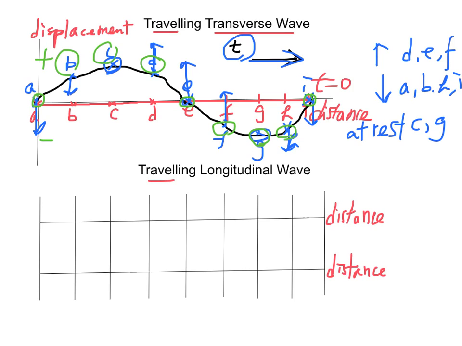For a traveling longitudinal wave, let's consider before the wave is set up at time equal to 0, the respective positions of some evenly spaced particles are A, B, C, D, E, F, G, H, and I. Assume that the wave is traveling to the right.